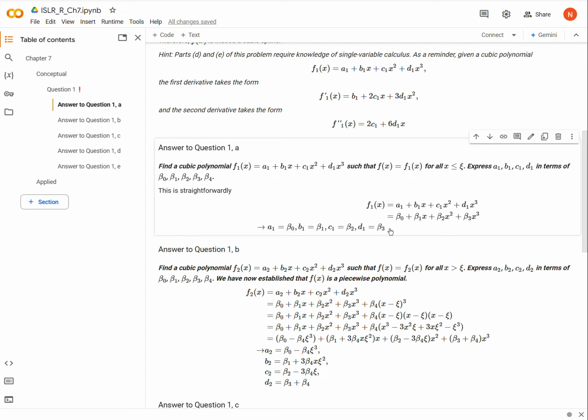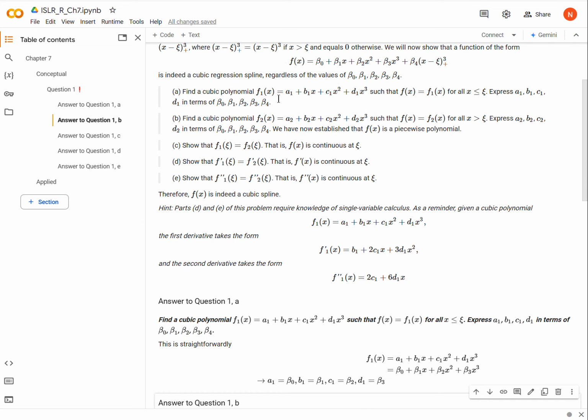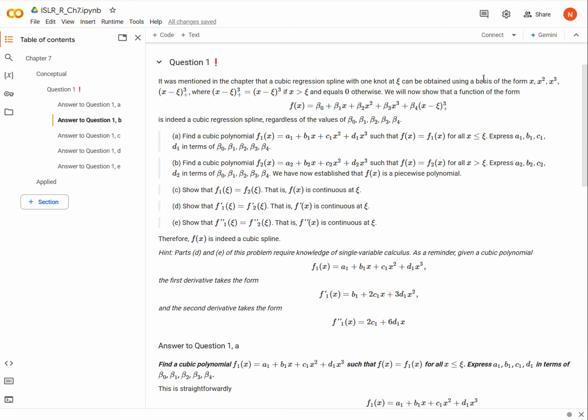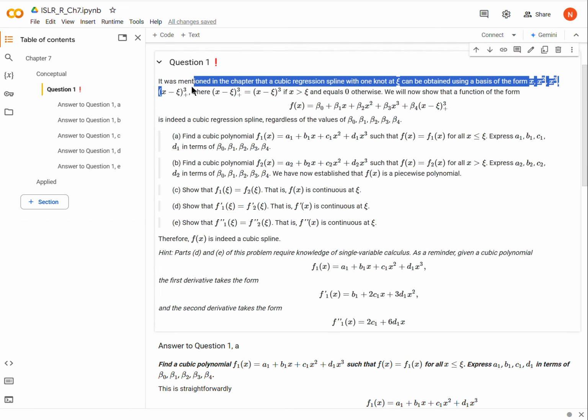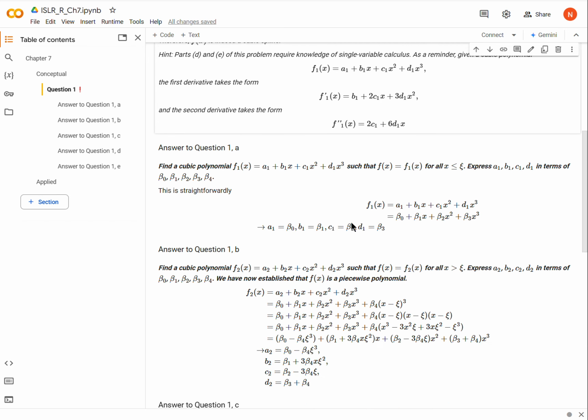But now in part B, we're going to do the same thing, but now we have f2, and f2 is going to cover the domain for which x is greater than xi. Well, we know from the question that when x is greater than xi, we have this additional term here, so that needs to get factored into our expression.